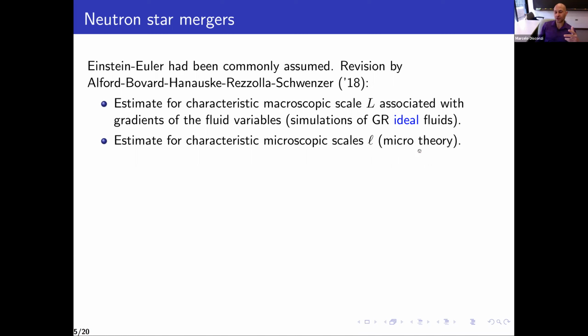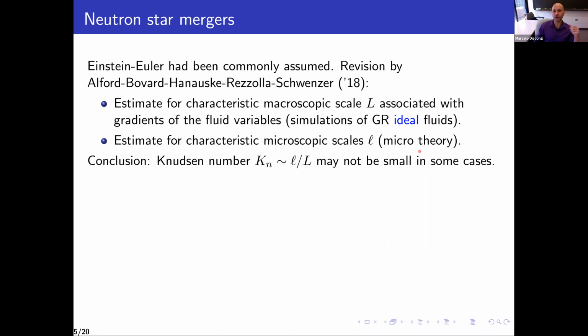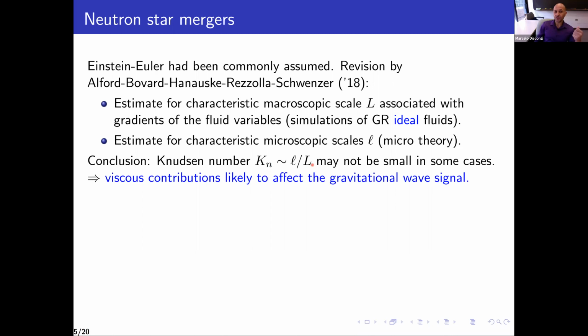Once you have an estimate for these two scales, you can compute something called the Knudsen number, which is the ratio between the microscopic and the macroscopic scale. And what they find out is that there are situations where the Knudsen number is not small. This implies that viscous contributions are likely to affect the gravitational wave signal emitted by the merger of binary neutron stars. So why is that the case?